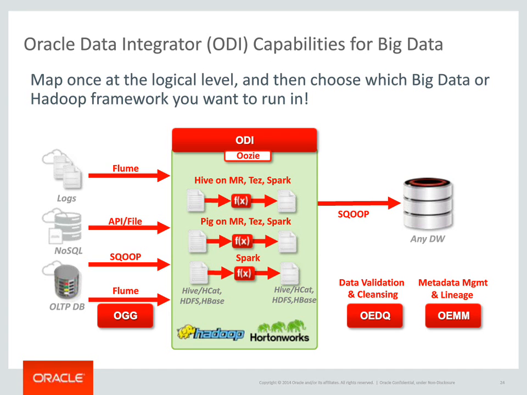So as we roll forward with Hadoop as a platform, there are going to be many, many choices that Hortonworks customers have on which frameworks to leverage within the Hortonworks data platform.